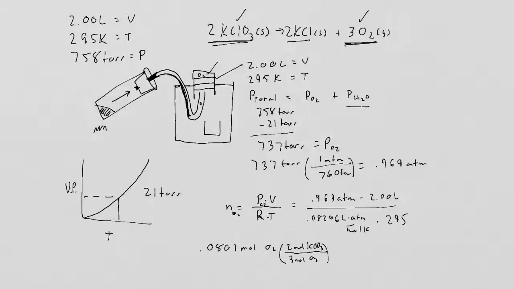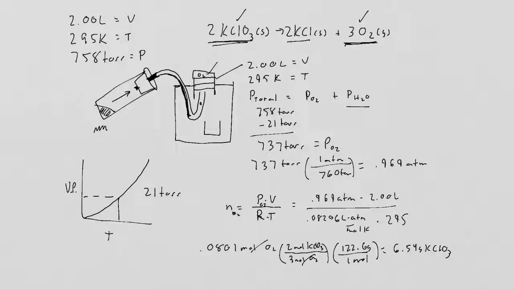That gives us moles of KClO3, and we multiply that by the formula mass of KClO3, which I looked up before. It's 122.6 grams per 1 mole. Now we can just multiply those values out. I'm going to pause and do that. The final value I get here is 6.54 grams of KClO3.